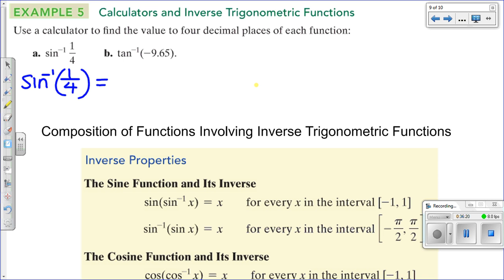And then, as you can see, you have cosecant inverse and secant inverse as well, right? So go ahead and type in sine inverse and then 1/4. How many decimal places? Let's keep 4.